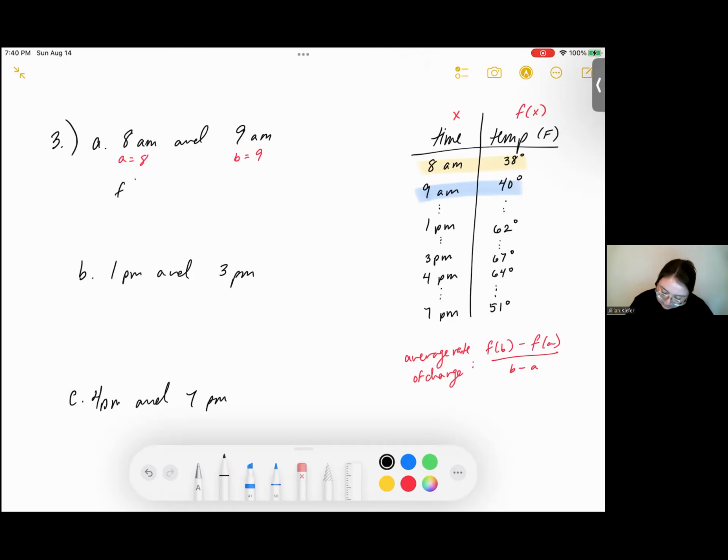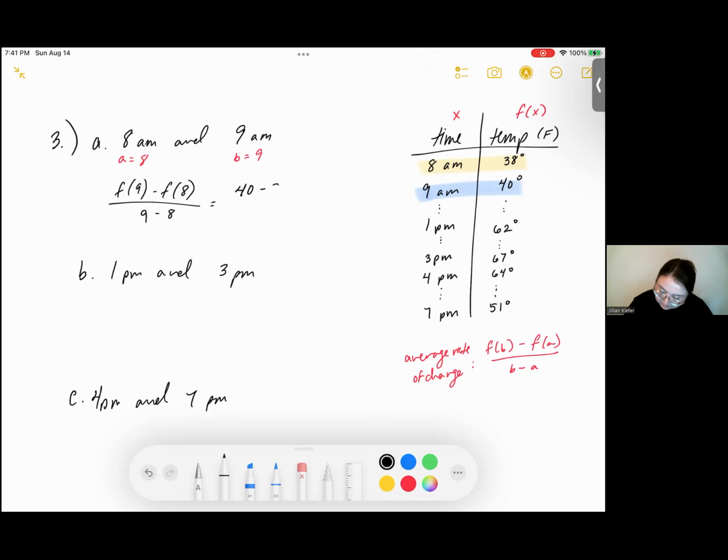So our function is f of 9 minus f of 8 divided by 9 minus 8. f of 9 is our temperature at 9 o'clock, and f of 8 is our temperature at 8 o'clock. The temperature at 9 o'clock is 40 degrees, so f of 9 is 40. Our temperature at 8 o'clock is 38 degrees, so f of 8 is 38.